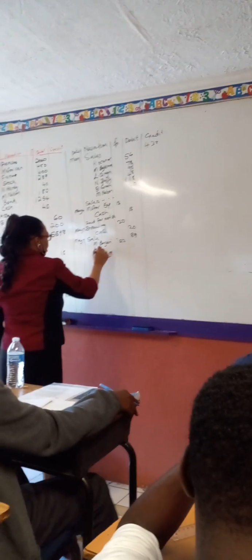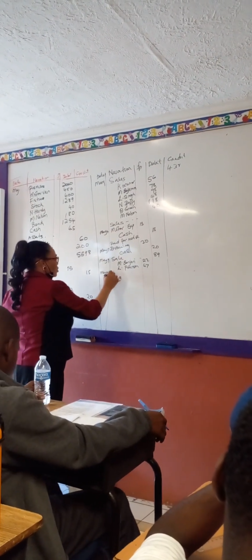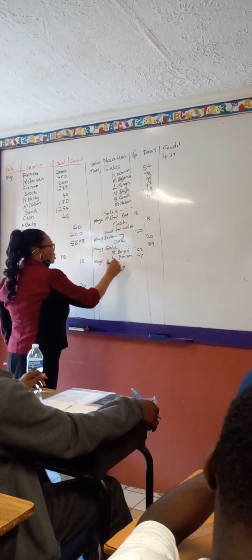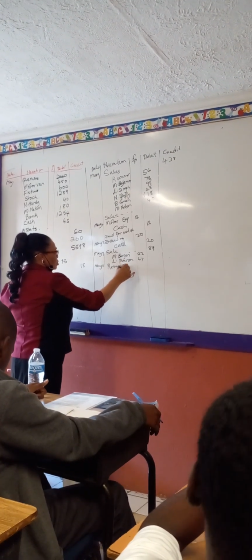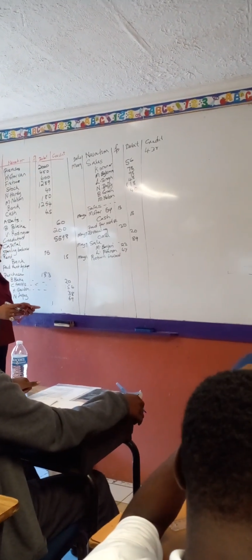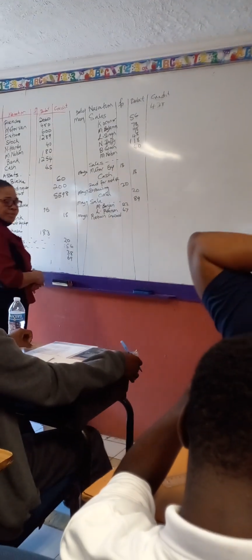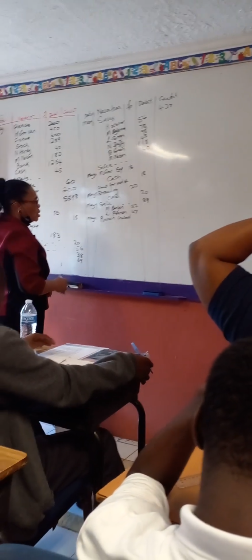And L. Harrison, $60. May 11th, goods returned by K. O'Connor, $16. Return inwards. What's the figure for return inwards? Is it one person or more than one person? More than one person, so you tally the total. What's the total for return inwards? 34.